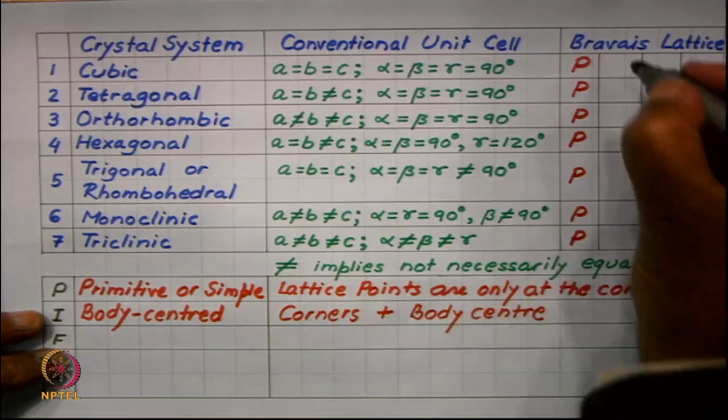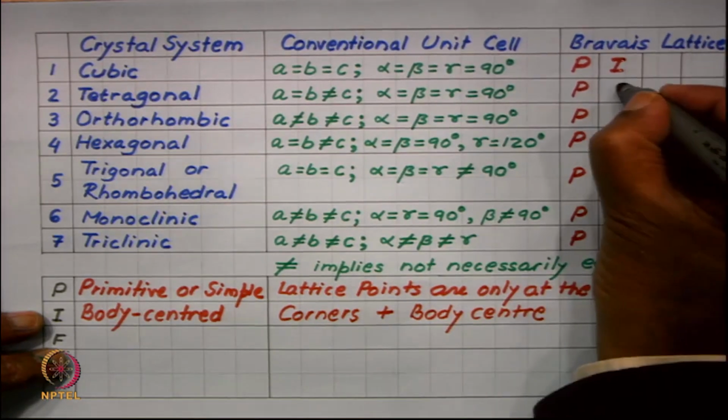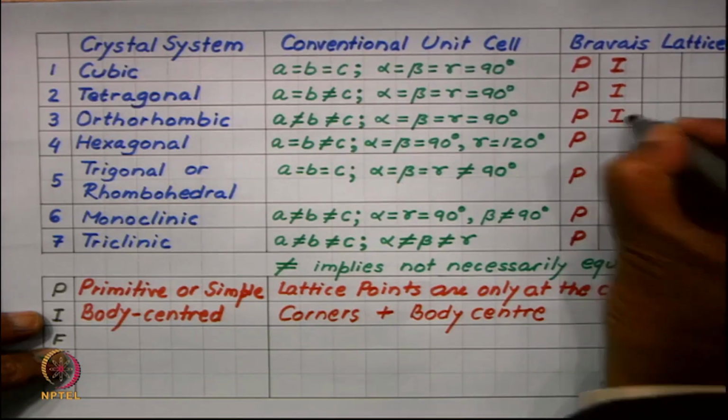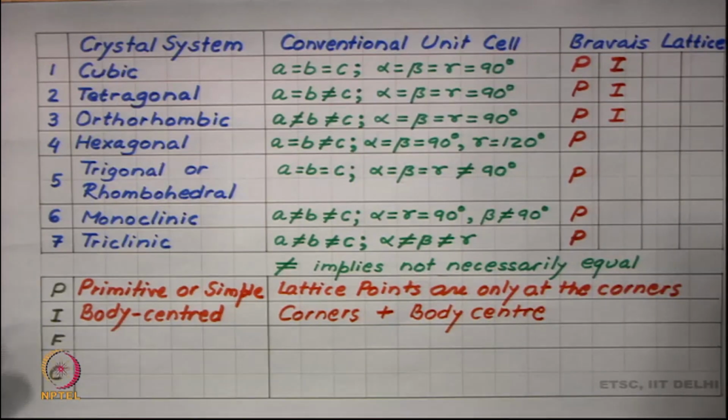This Bravais lattice is present in cubic, tetragonal and orthorhombic. So, we now have 7 plus 3, 10. 4 more Bravais lattices are there.